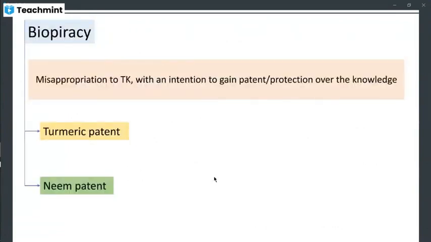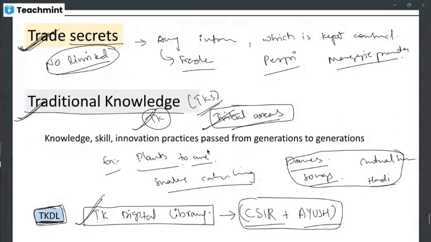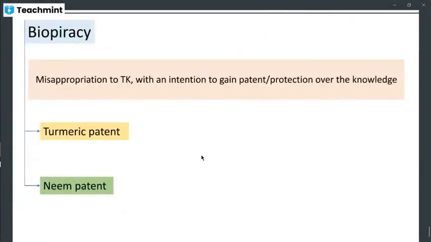And then the last thing, that is biopiracy. So now we just came to know about what is the traditional knowledge, right? So some organizations or some countries may falsely use this traditional knowledge with an intention to gain the patent or protection over that particular knowledge.